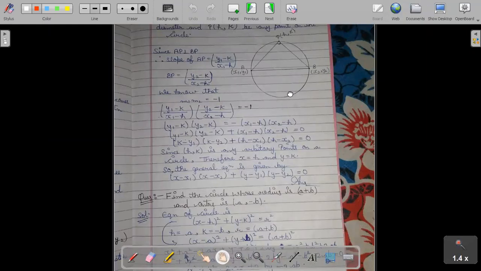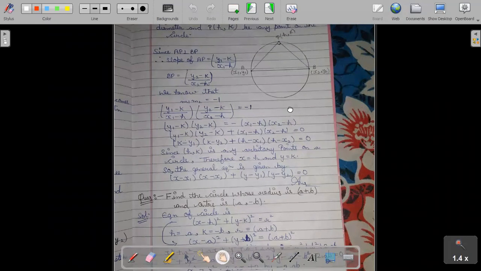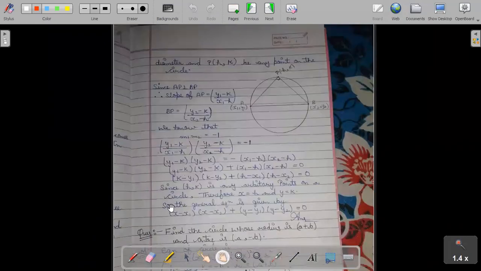And let us take any third point P whose coordinates are HK. So P, HK is not the center. This P is the third point which is on the circle. हमारे पास 2 points है diameter के जो given points है AB. अब हमने क्या किया? हमने एक third point और ले लिया circle पे, that is P, which I don't know. Is it clear?